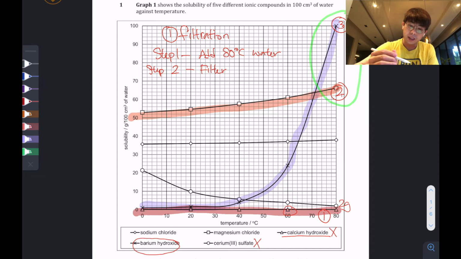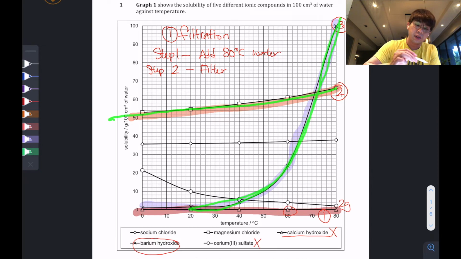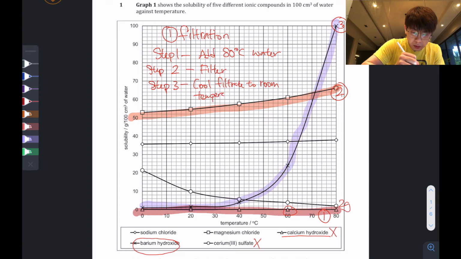If I cool the solution down all the way to room temperature, number 3 will crystallize first, but number 2 will not crystallize. So step 3, I will cool the filtrate to, let's say, room temperature. Then I'll get my crystals of number 3.